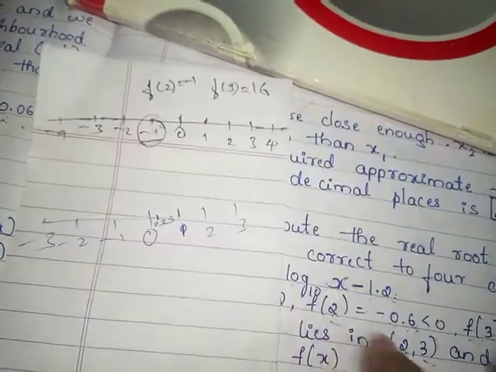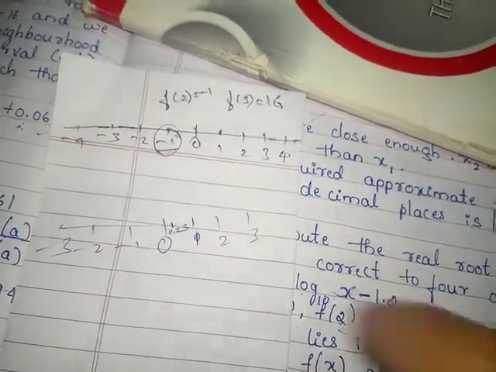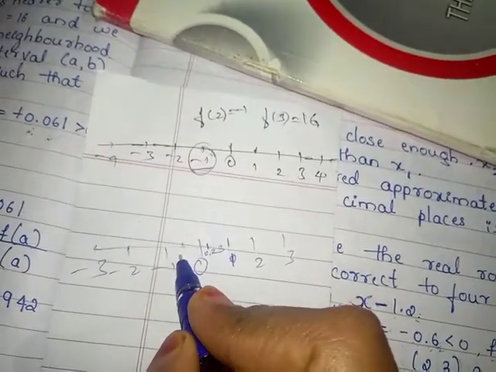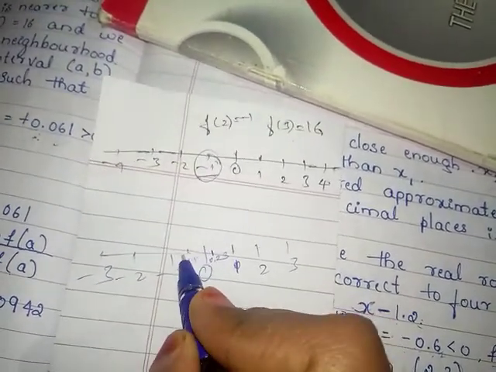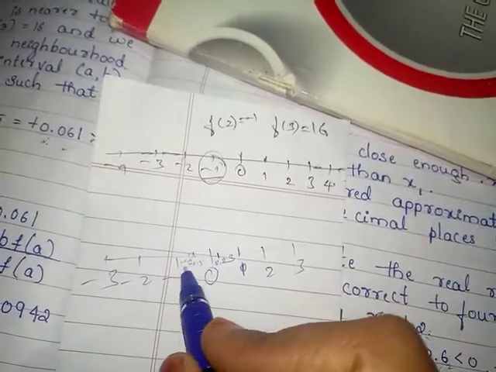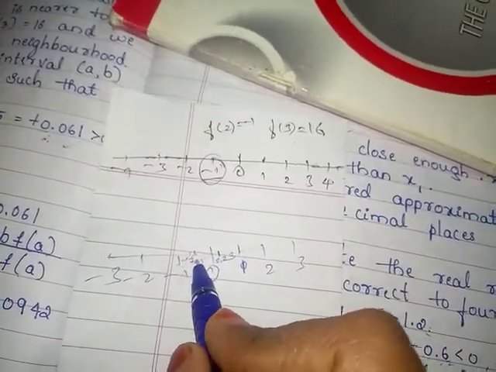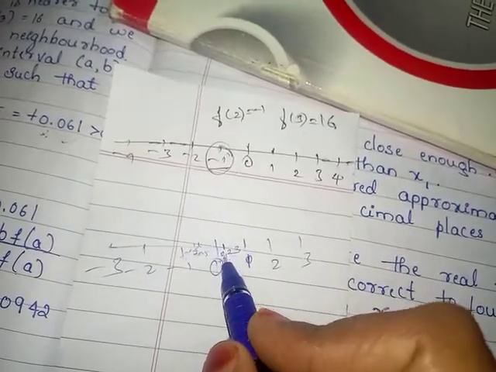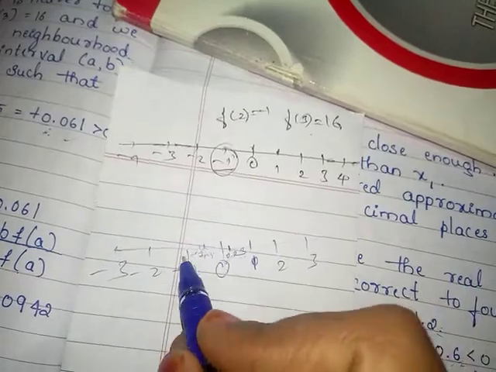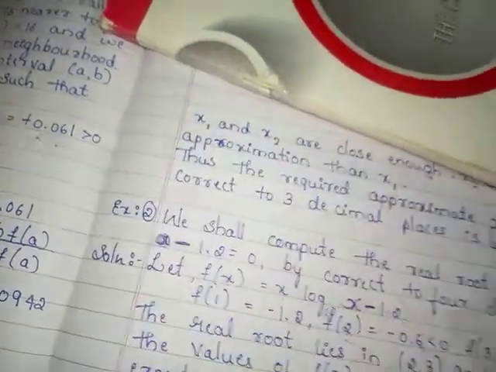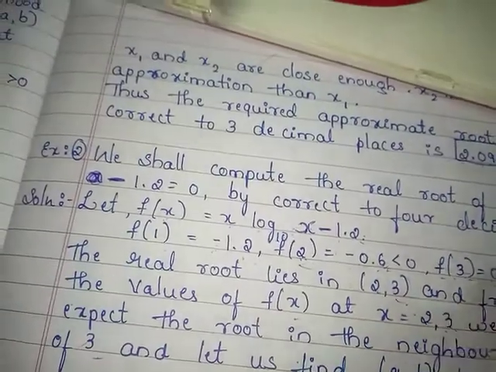In between it is minus 0.5, after that minus 0.6. See here, as compared to minus 0.6, 0.23 is near to 0. Therefore, our real root is in the neighborhood of 3.